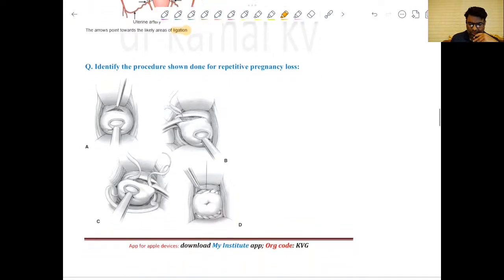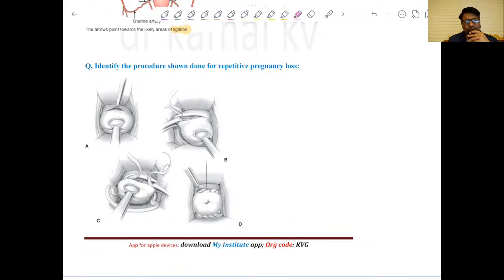Now there is one question which is asked for the very first time, and I think it's a little difficult question, because till now we have had this kind of question, but it was mostly diagnosis based. So here a lady is having repetitive, you can say recurrent abortion, especially in the mid trimester.